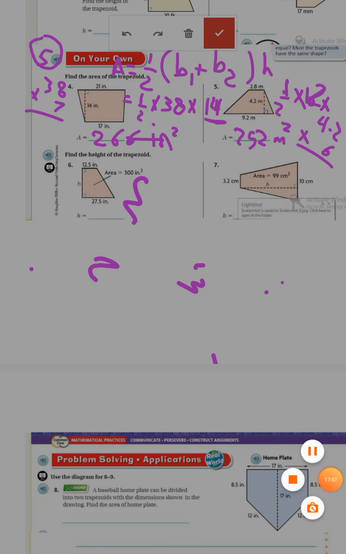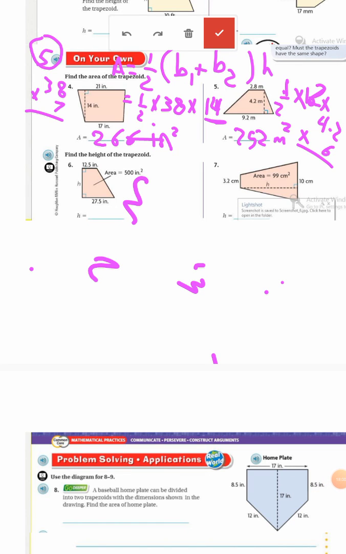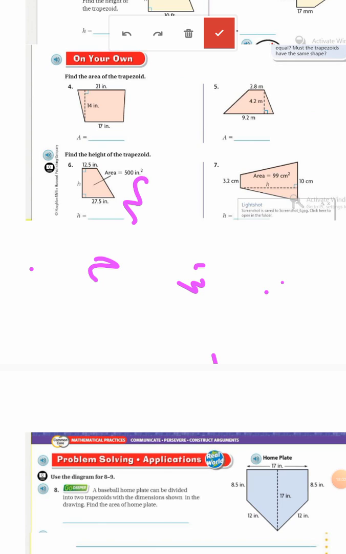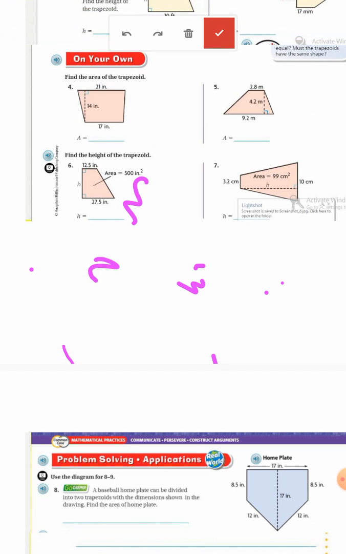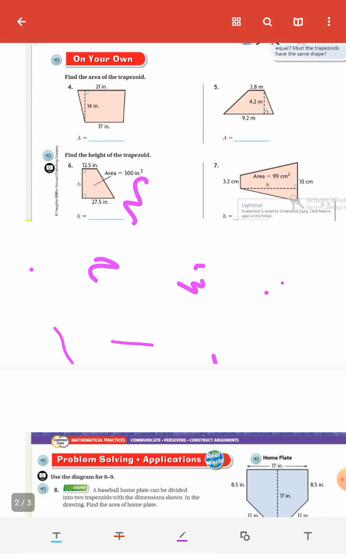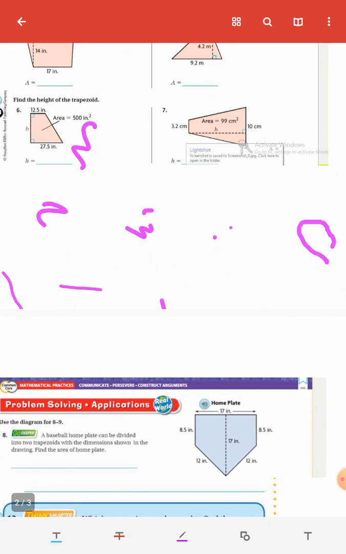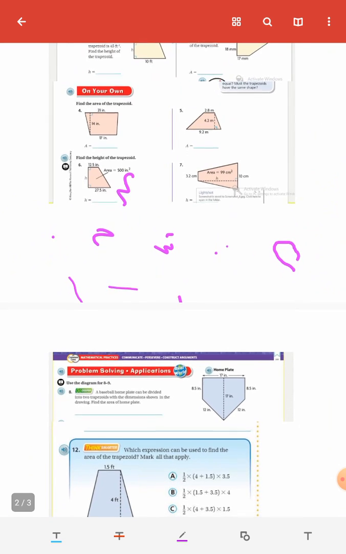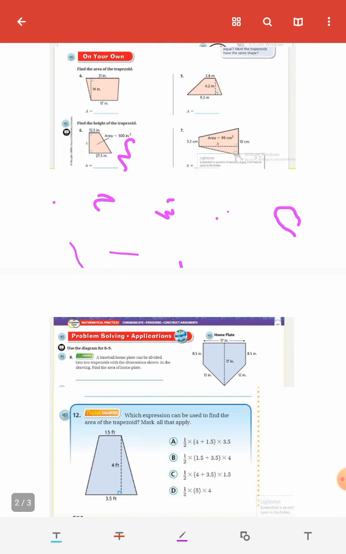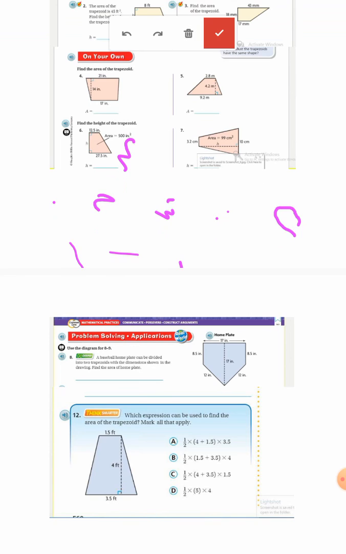After that, we are going to move to number 6. Number 6, he asked me to find the height of the trapezoid.